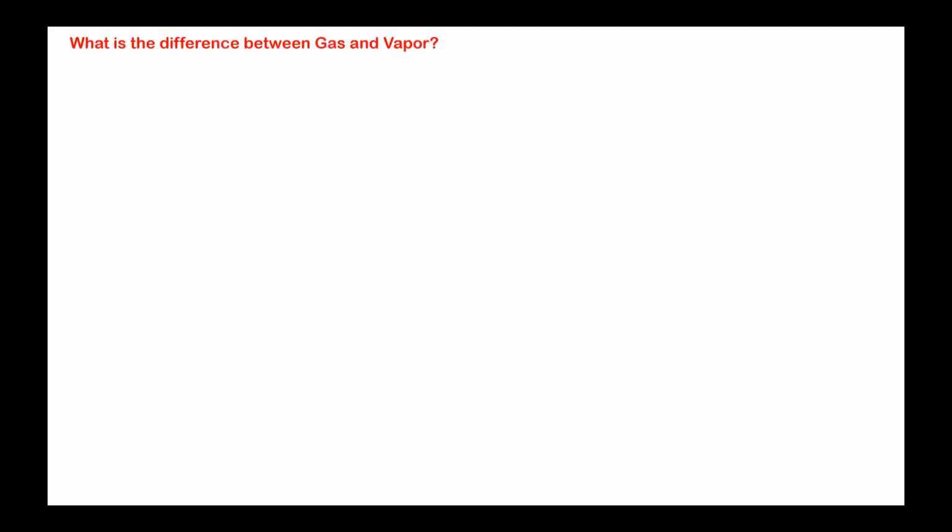So what is the difference between a gas and vapor? I think I told this in the last class. Can a gas be compressed into a liquid? The oxygen cylinder which you are using in the machine, is it in a gaseous form or in a liquid form? Gaseous form, sir.